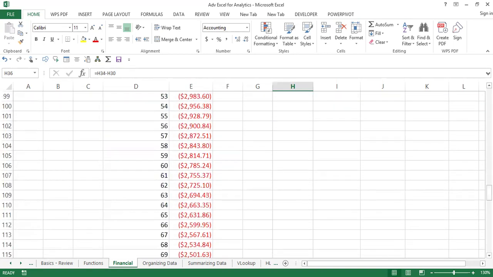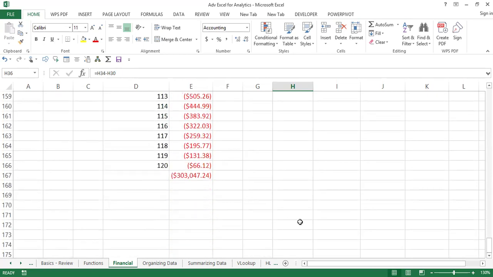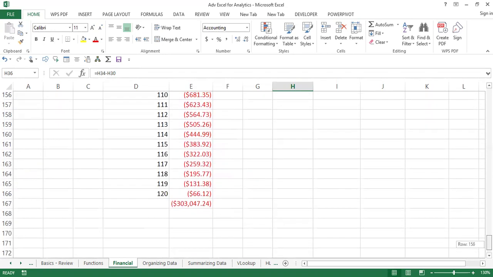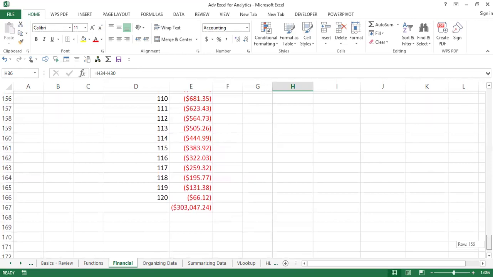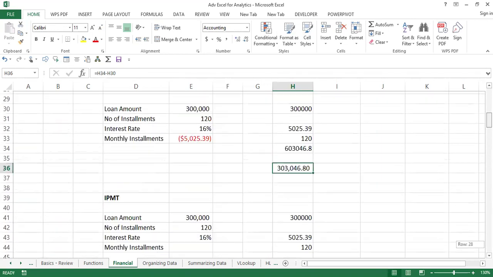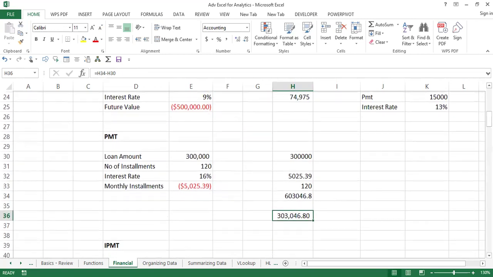Watch it, that's approximately the same as what we are getting here, 303004. Can you see it? That slight difference is just approximation.